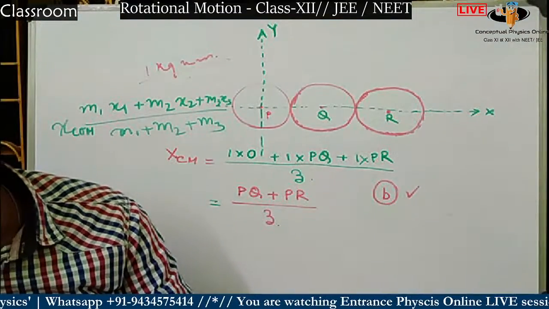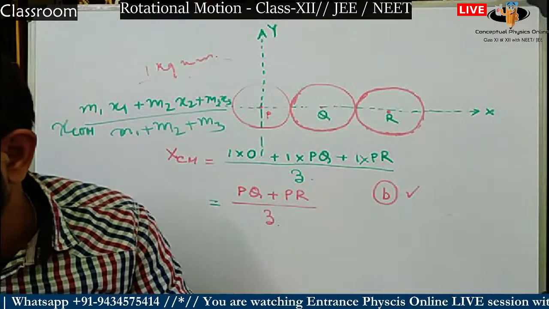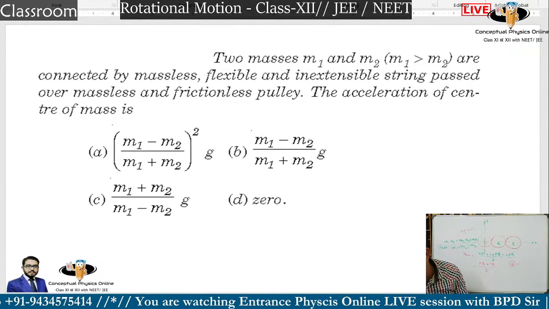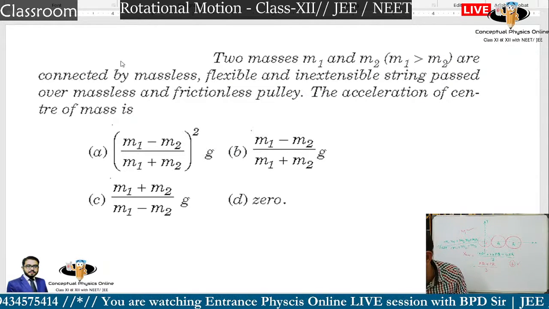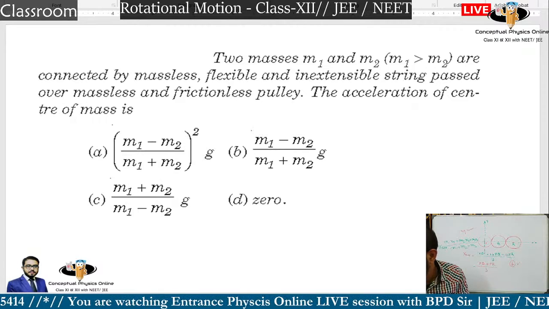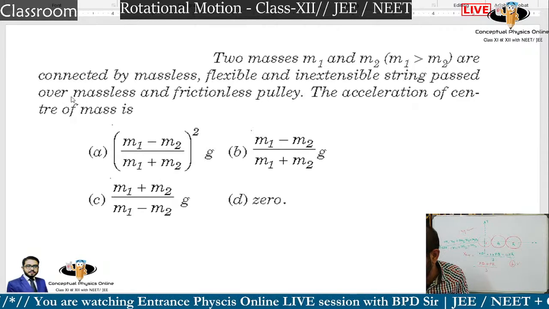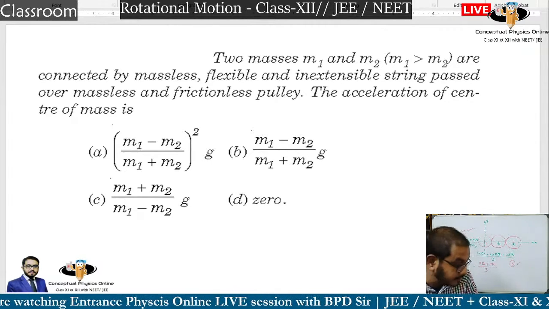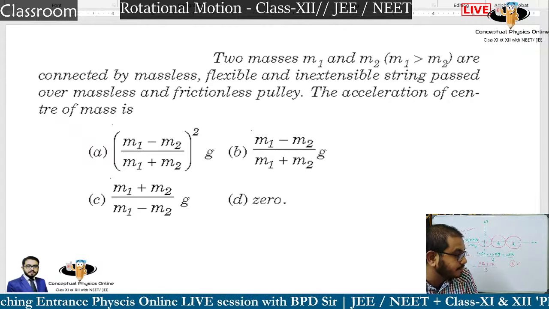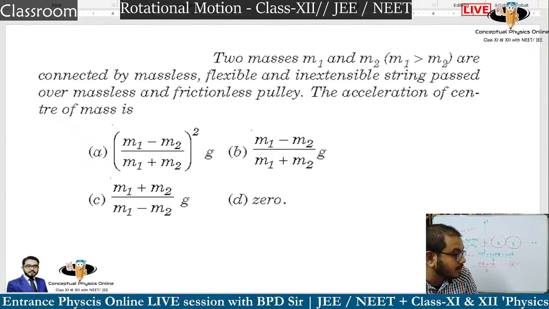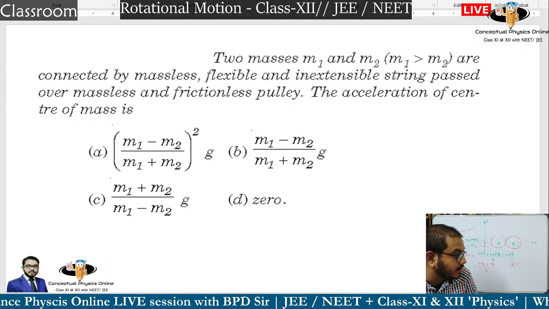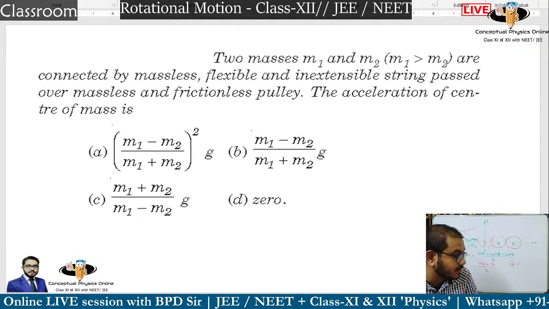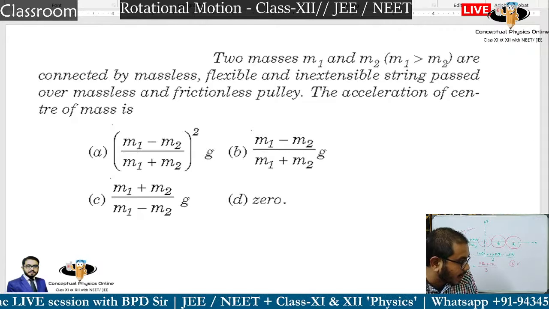Here you can see that in the question, two masses are given, m1 and m2, which are connected by a massless, flexible and inextensible string passed over a massless and frictionless pulley. The acceleration of the center of mass is what? Four options are given.